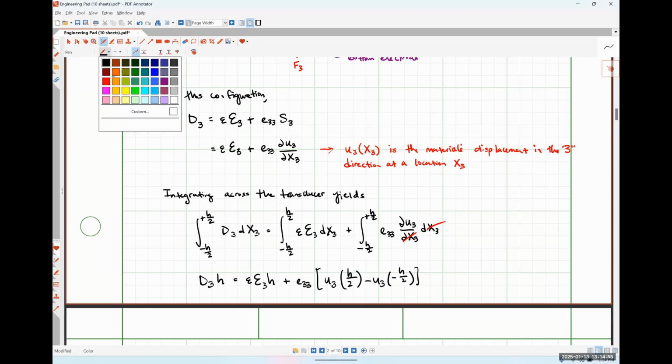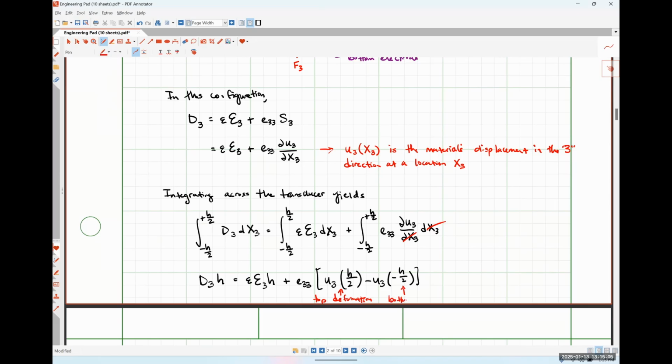So this is effectively the top deformation, and this over here is the bottom deformation.